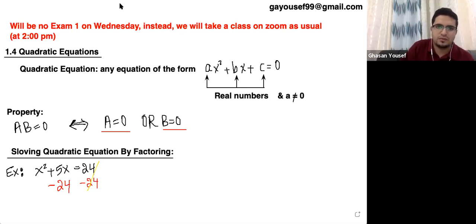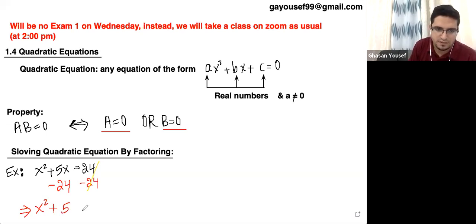Now the new equation, equivalent to this equation, is x squared plus 5x minus 24 equals 0.